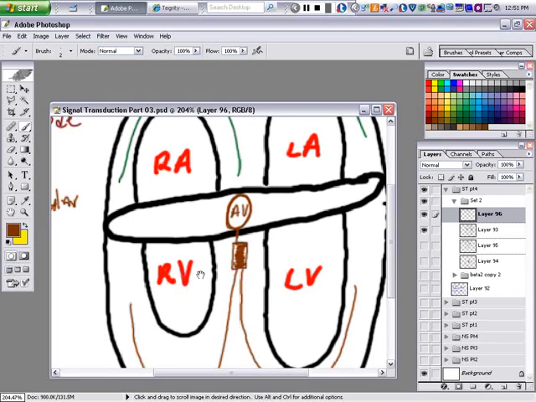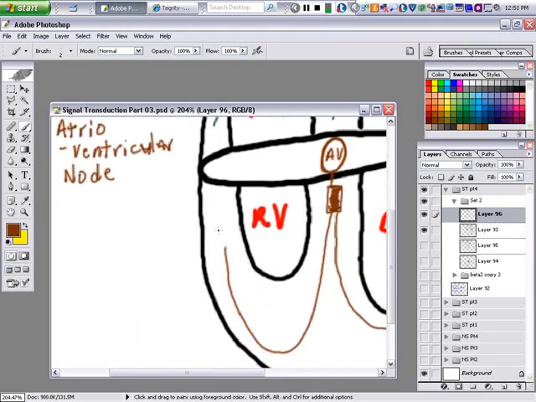And there are a few little specialized cardiac tissue. And this little bundle of nerves here, this is called the bundle of His.